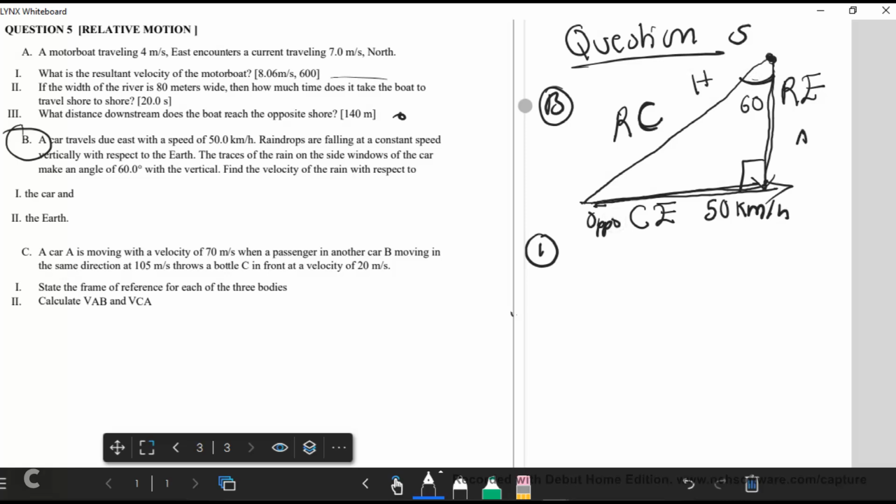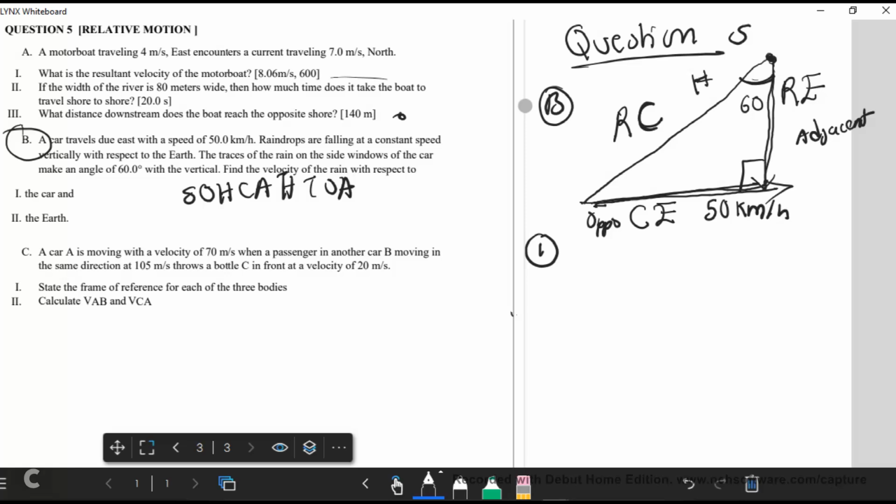Then this part is the adjacent, right? So this is the opposite, and this is the hypotenuse. They're saying find the velocity of the rain with respect to the car, so this is the part they are looking for.